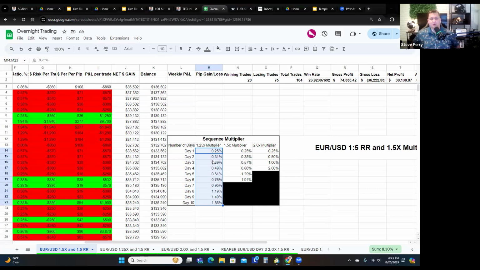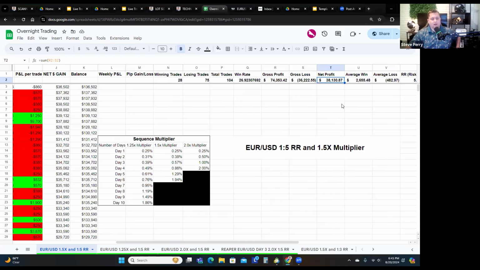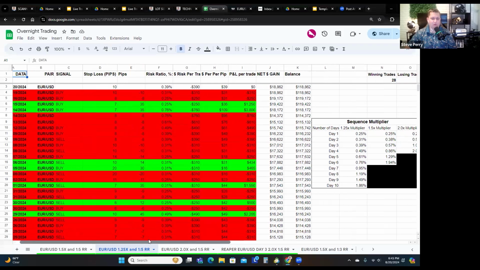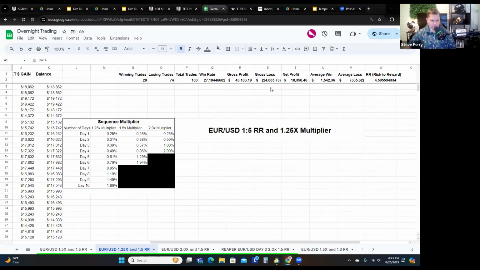It makes between 40 and 50% of the net of the 1.5 multiplier. I have the results right here on this tab. This is the 1.25 multiplier. I employed the exact same trades every night, but with the 1.25 multiplier. These are the results. It has the same win rate and takes the same trades, just with a lower multiplier.